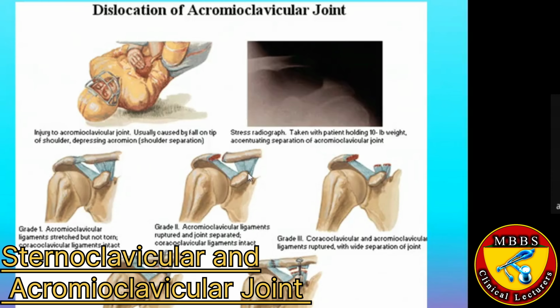In grade 3, which is the severe type of injury, both the ligaments, the acromioclavicular and the coracoclavicular, are ruptured with separation of the joint. When we repair a grade 3 injury, we use a non-absorbable tape or a screw to repair the injury of the joint.